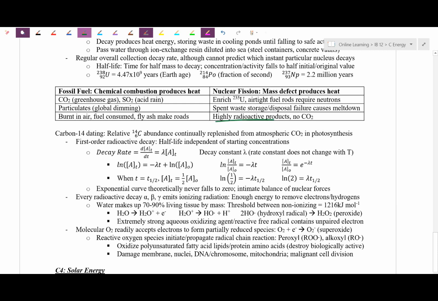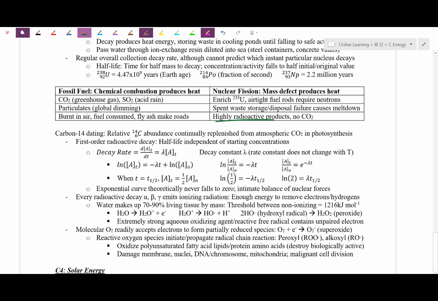Even though it's a waste product, we said plutonium was a waste product, we managed to sort of recycle that. But what about all the bariums and the other daughter isotopes that we formed? Those typically are also radioactive and typically have very long half-lives as well. For fossil fuels, any sort of incomplete combustion ends up leaving a lot of particulates in the air.